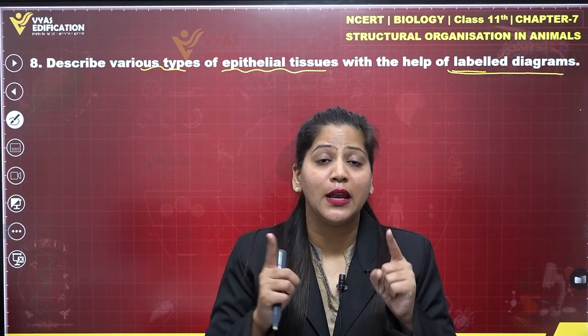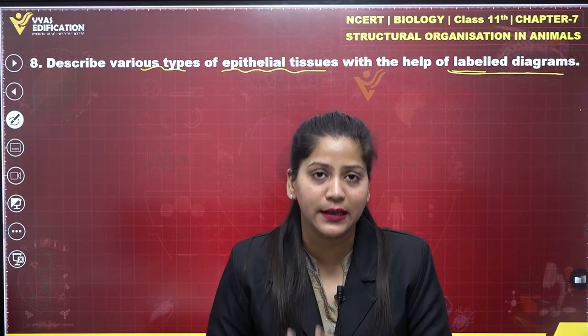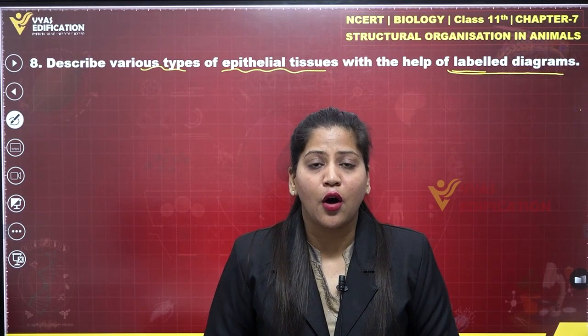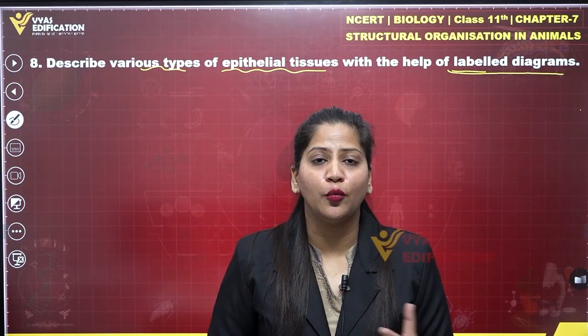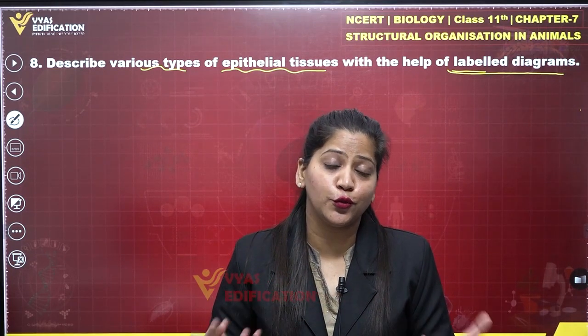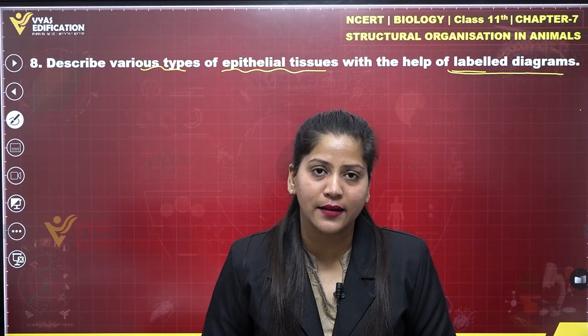Now moving on to the last type of simple epithelium, that is glandular epithelium. Glandular epithelium also can consist of columnar or cuboidal cells. Glands are differentiated into two categories: unicellular glands and multicellular glands.